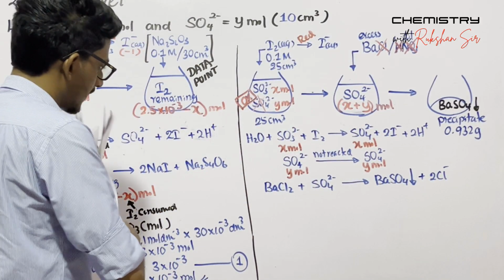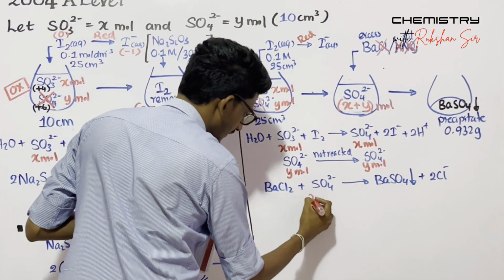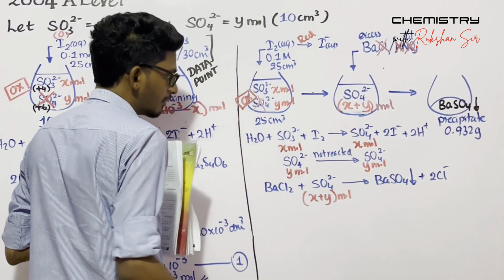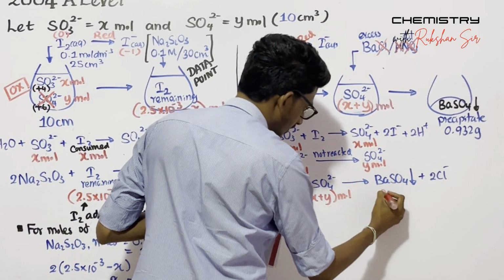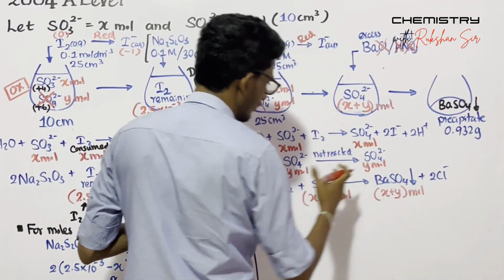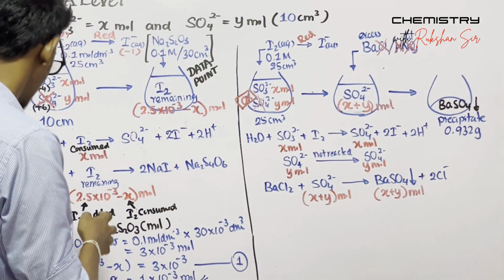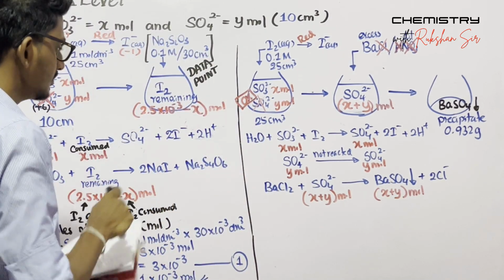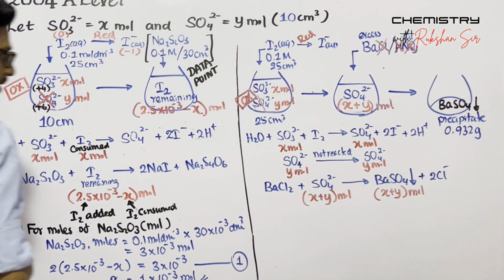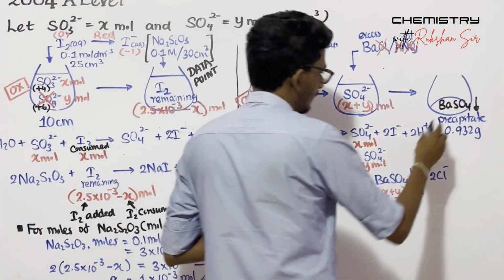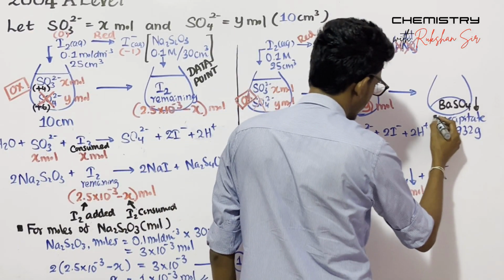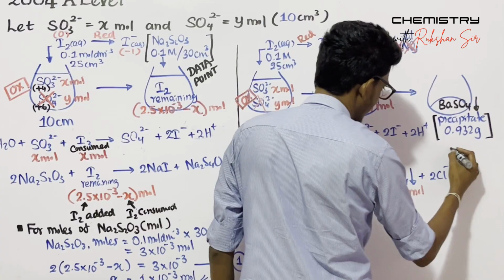As you have X plus Y moles of sulfate here, the amount of barium sulfate precipitate should also be X plus Y, as those are in a 1:1 ratio. So now we can come up with the second simultaneous equation, for the mass of the precipitate. Here is your second data point.